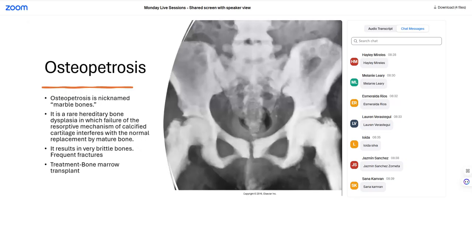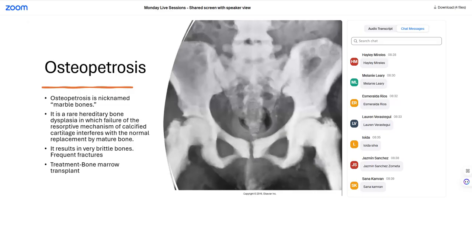Osteopetrosis. Osteopetrosis is nicknamed marble bones because, as you can see here, the bones are very white marble looking. It is a hereditary bone dysplasia where there's a failure of the reabsorptive mechanism, the calcified cartilage, which then interferes with the normal replacement by mature bones.